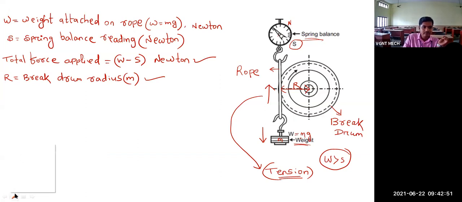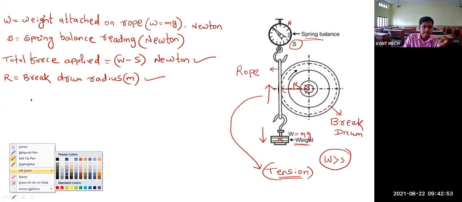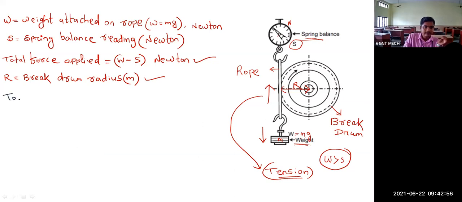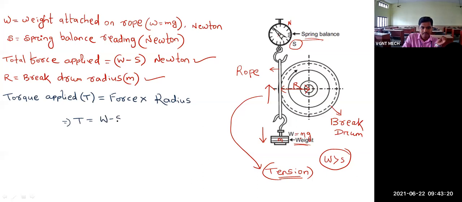The torque applied is nothing but force into radius. What is the force? Force is W minus S, into radius, capital R. So this is the torque value we have got.